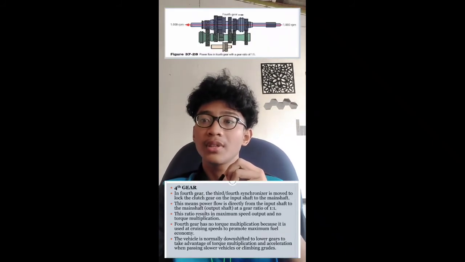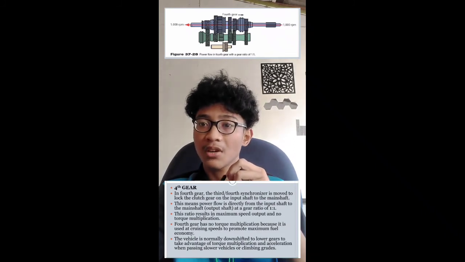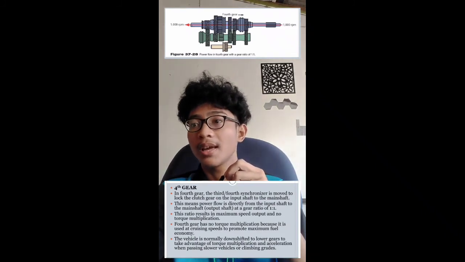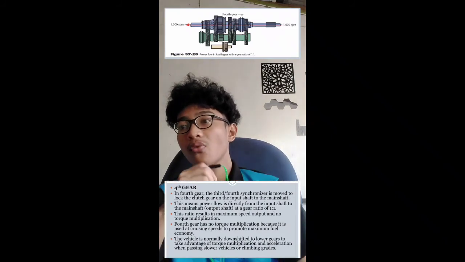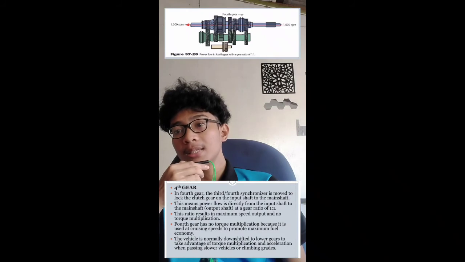Fourth gear. In fourth gear, the third/fourth synchronizer is moved to lock the clutch gear on the input shaft to the main shaft. This means power flow is directly from the input shaft to the main shaft at a gear ratio of 1:1. This ratio results in minimum speed output and no torque multiplication.